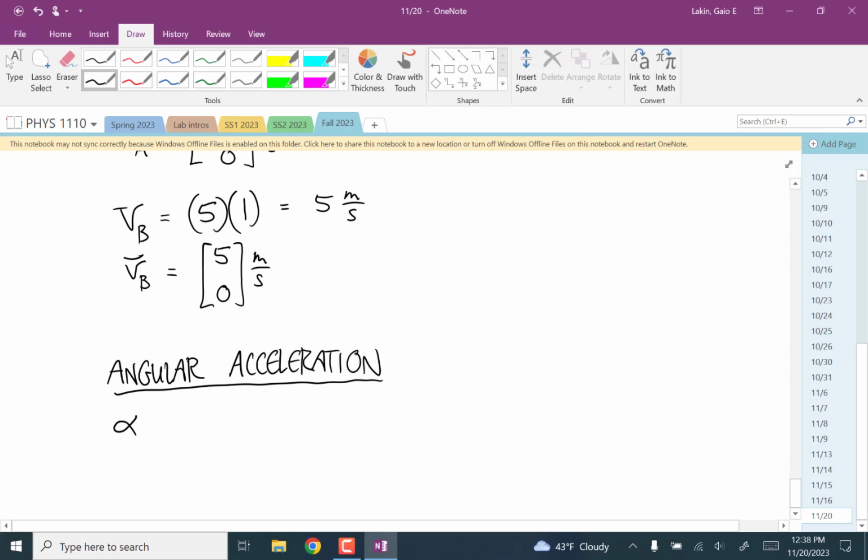Looks like a goldfish going to the left. And it is the rate that the angular velocity is changing.